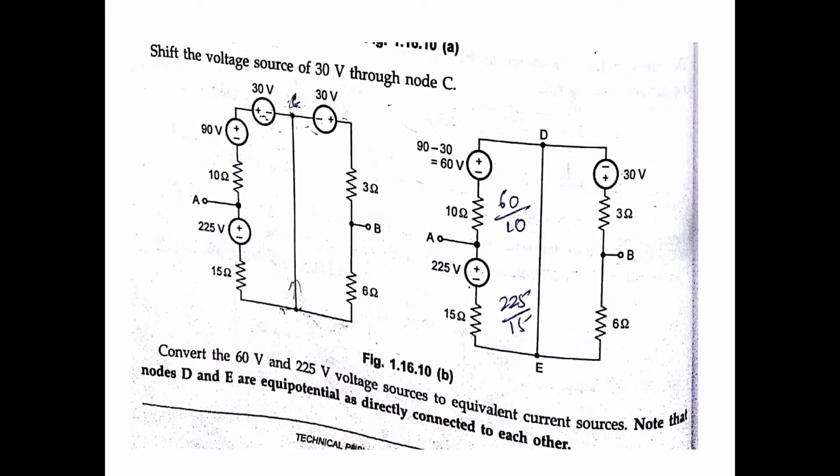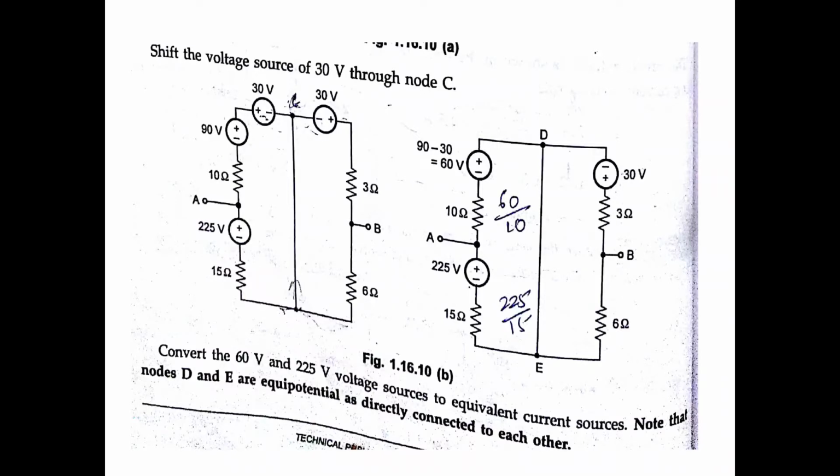Next, shift the voltage source 30 volts through the node C. This voltage source is shifted to both sides, 30 volts and 30 volts, meaning 3 and 6. It is the same as before: 90, 10, 225, 15. 90 minus 30 for this source is 60, and 10 stays as it is, 225 and 15 as they are. 60 by 10, because converting voltage source to current source is V by R. Then 225 by 15, and the 30 volts with 3 ohm and 6 ohm.